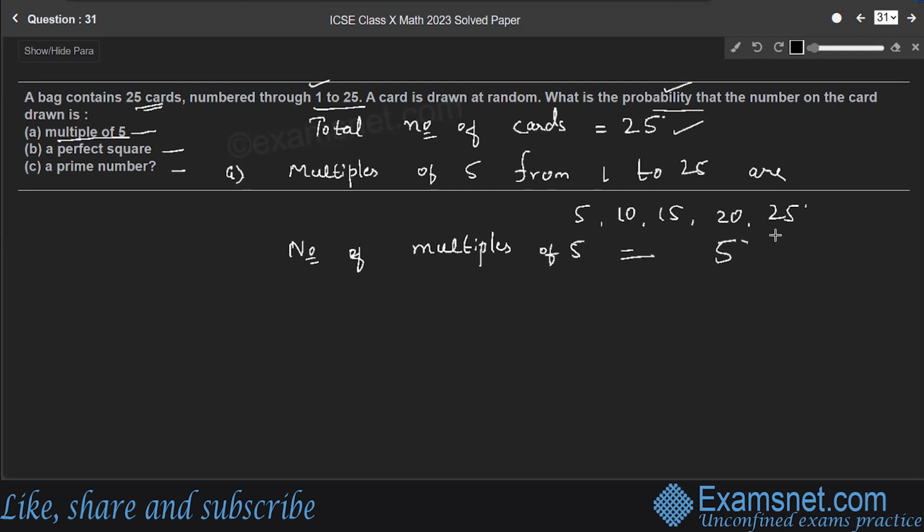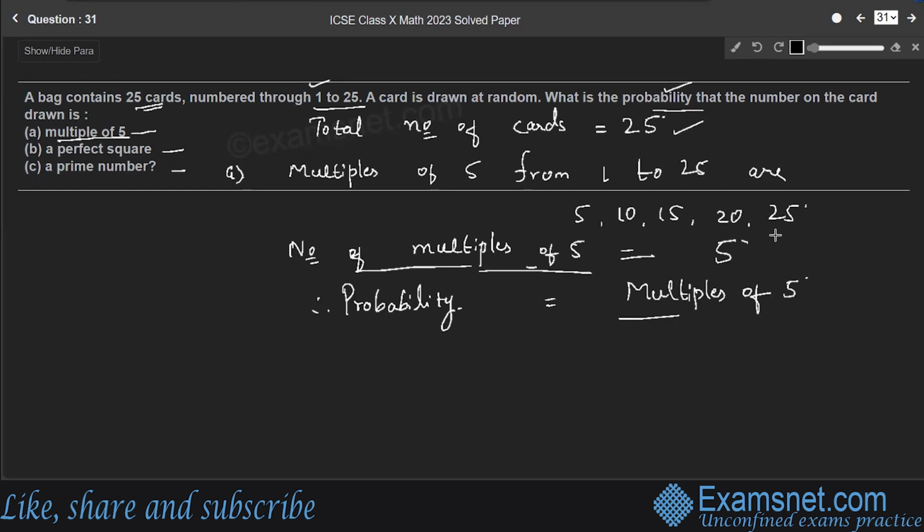Therefore, the probability that the number on the card drawn is a multiple of 5 is, from the formula, the number of favorable outcomes divided by the total number of outcomes. Here the favorable outcomes are the multiples of 5, divided by the total number of cards.